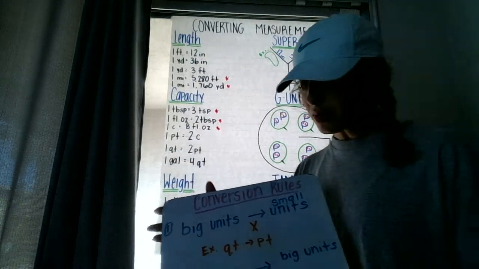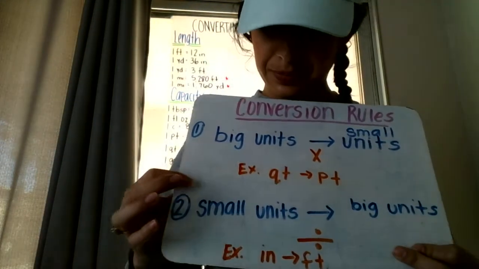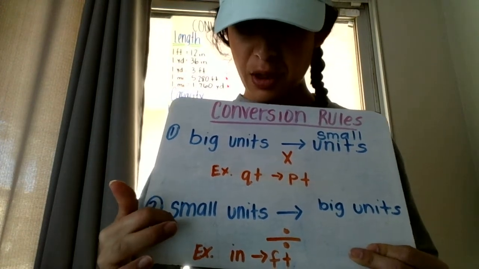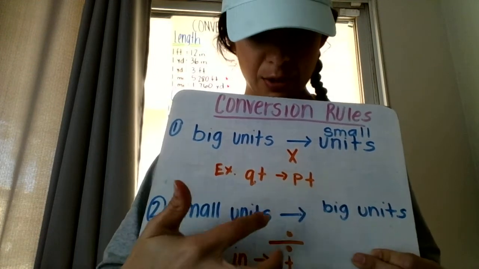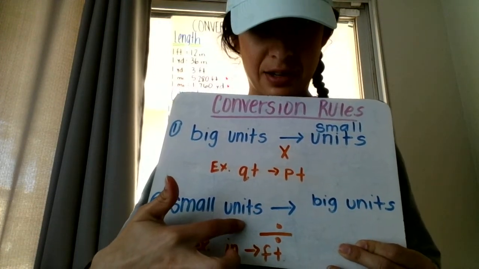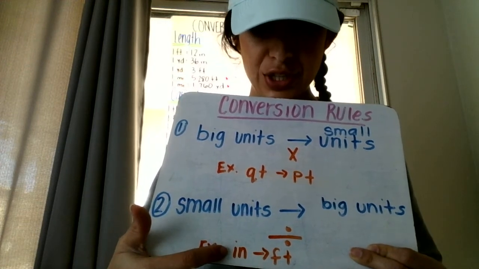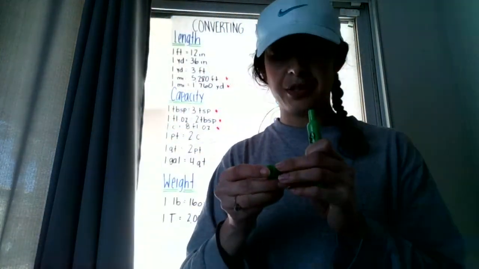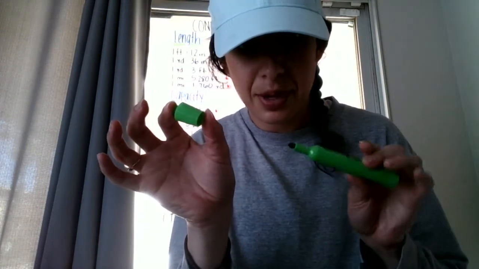Okay? Now, let's look at the second rule. The second rule is when we go from a smaller unit to a bigger unit, we're going to divide. Okay? An example is inches to feet. So remember, an inch is about as long as this marker cap.